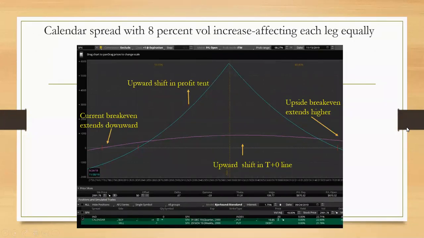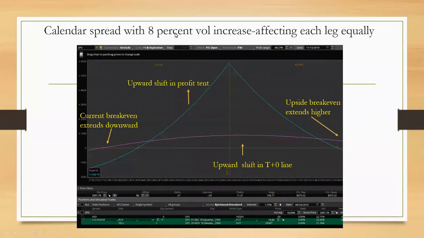Okay, so this is a calendar spread. Now, I've simulated an 8% increase in volatility in a calendar spread, and so we got an upward shift in the profit tent, an upward shift in the T+0 line. All of a sudden, we're up big money because volatility has increased.